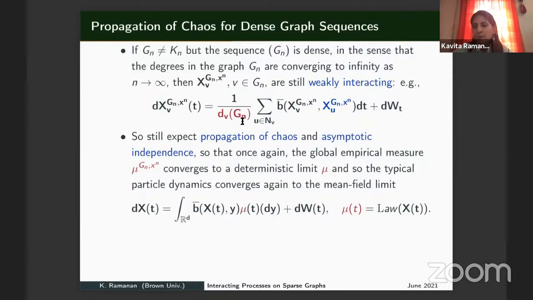Once again, there is enough decay and mixing that the global empirical measure will converge to a deterministic limit. And once it's converging to a deterministic limit, you can plug that back in, and the typical dynamics will again converge to the same McKean-Vlasov limit. So you actually do not see the structure of the topology of this dense graph. You lose it in the limit.